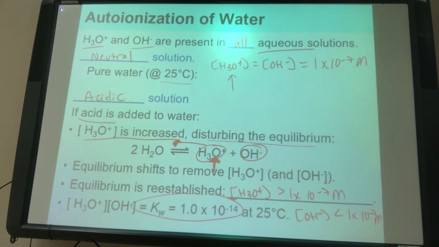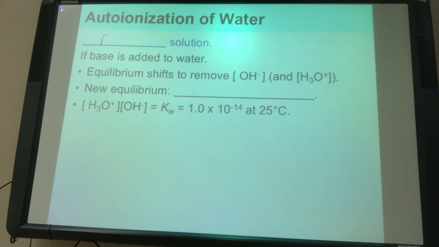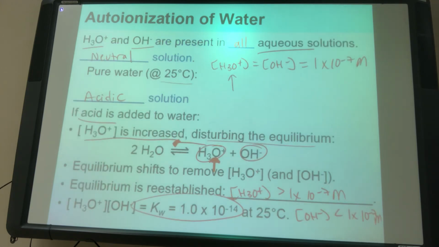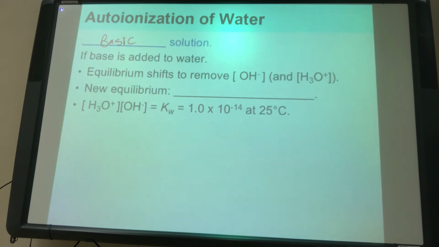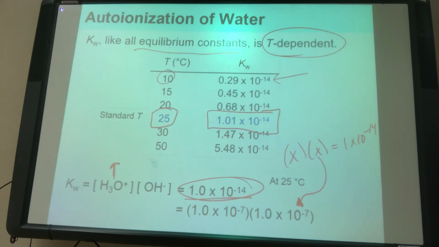Alright, now let's talk about a basic solution. If a base is added, so let's look here, my OH- goes up, and the equilibrium shifts away to remove the OH- and make water. A new equilibrium is established. If this goes up, this has to go down.